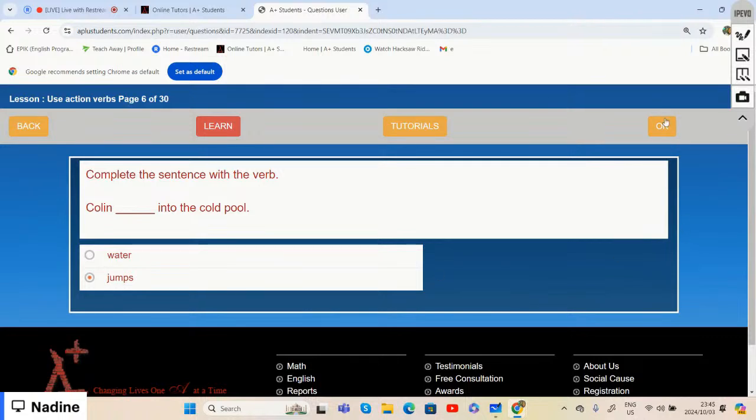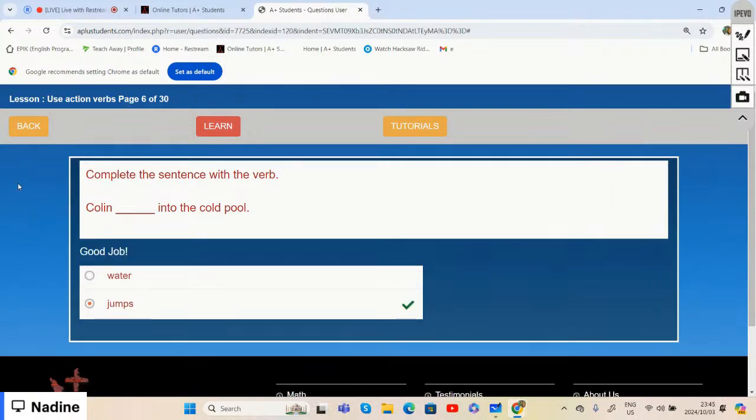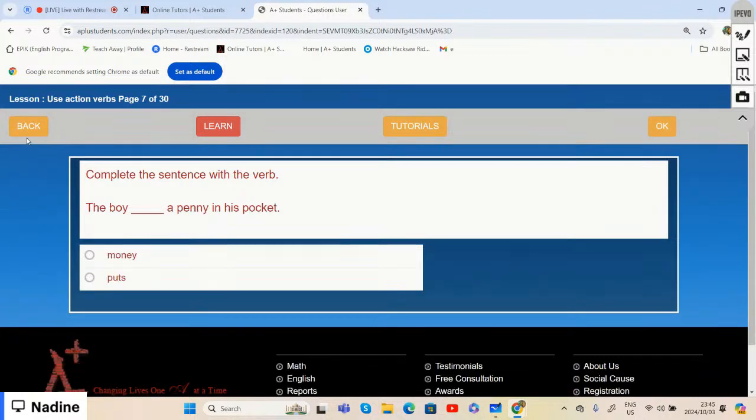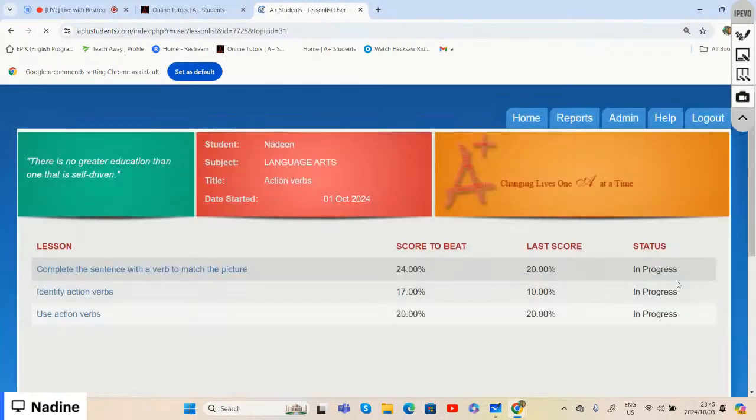All right, so this is now the end of our lesson on action verbs. We said an action verb describes the action that is taking place and tells us the person, animal, or thing that does the action.